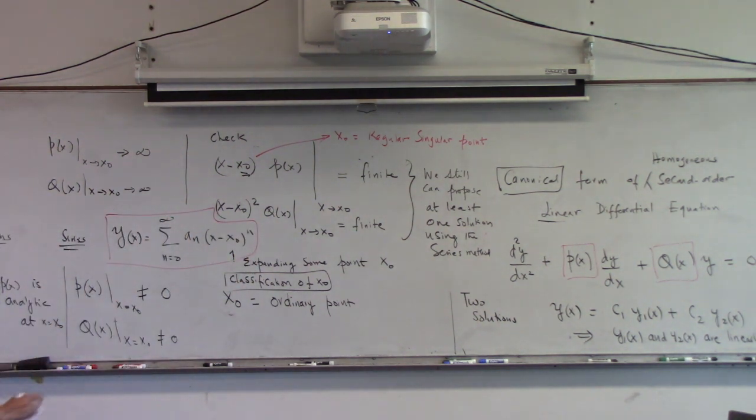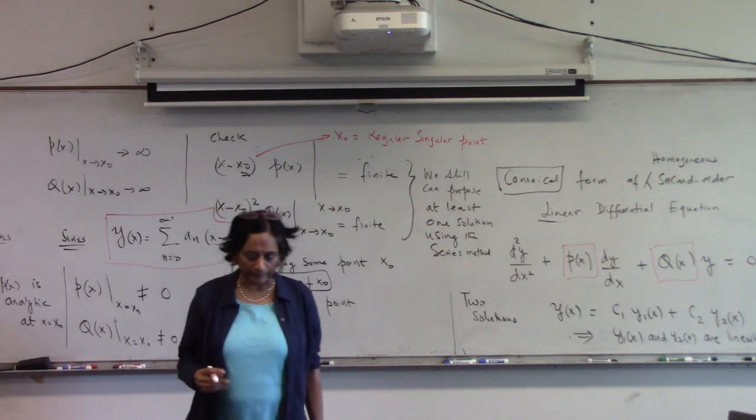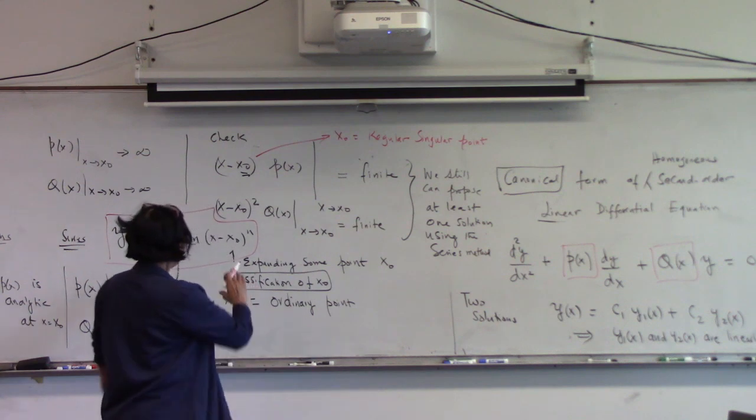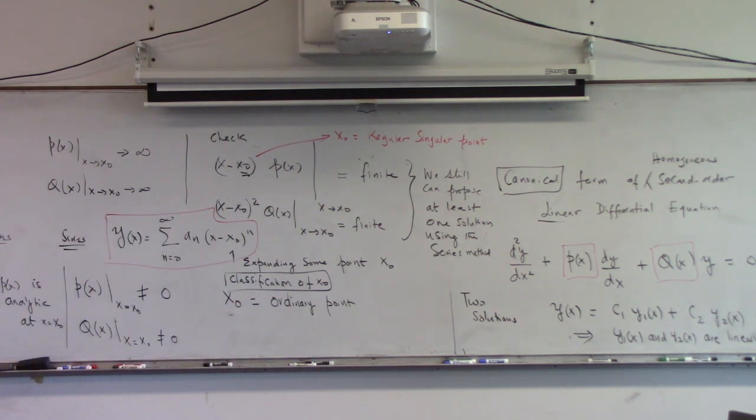So what does this say? This essentially says that the function p of x can blow up only like 1 over x minus x naught. And q of x can only blow up like 1 over x minus x naught squared. It can't blow up like 1 over x minus x naught cubed. Then you cannot do it.